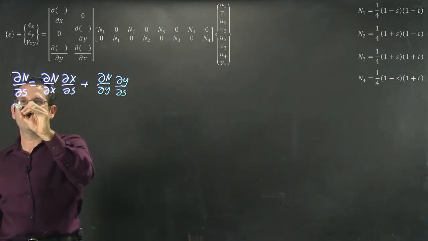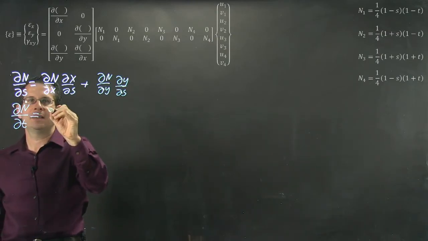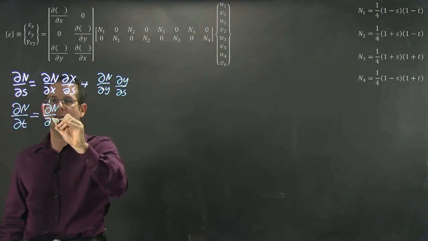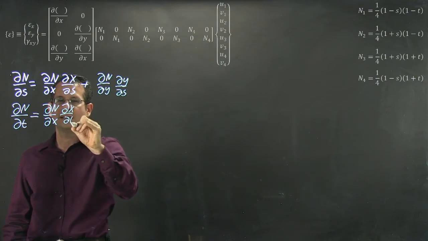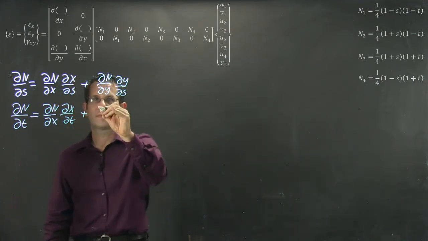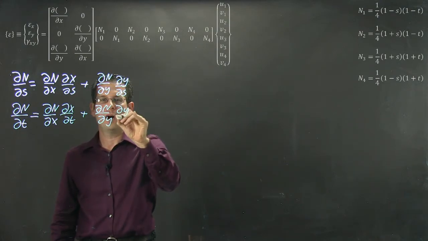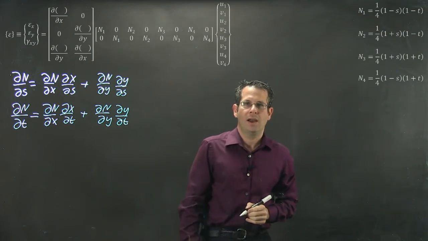Similarly, if I want to find dN/dt, that's going to be dN/dx times dx/dt plus dN/dy times dy/dt.